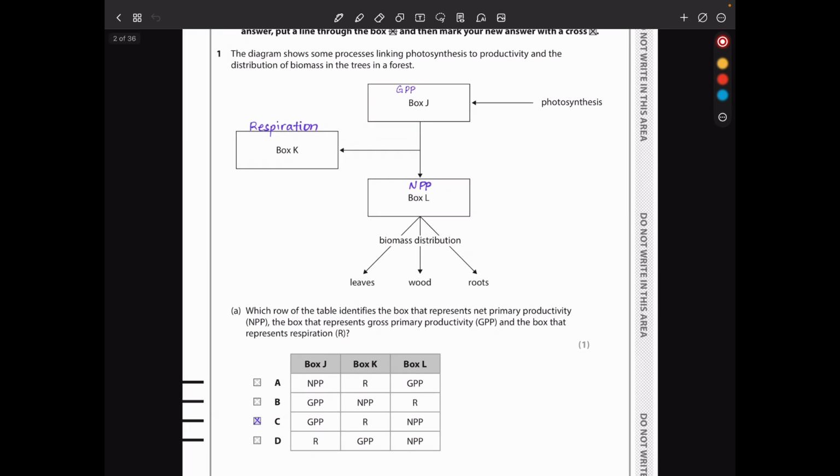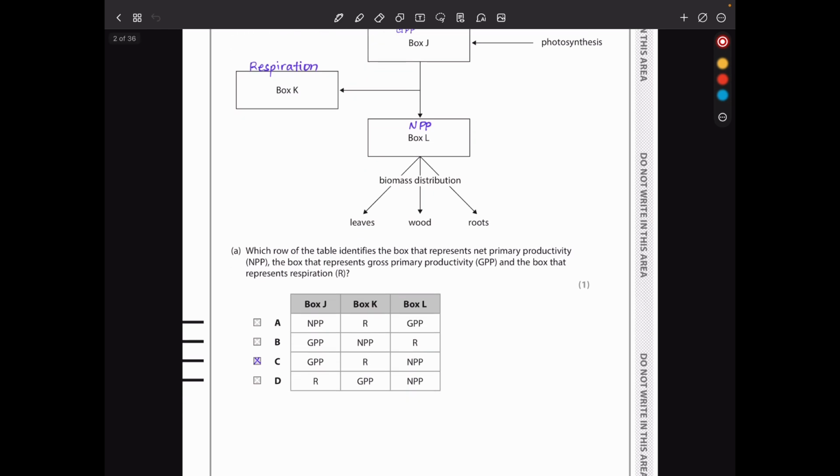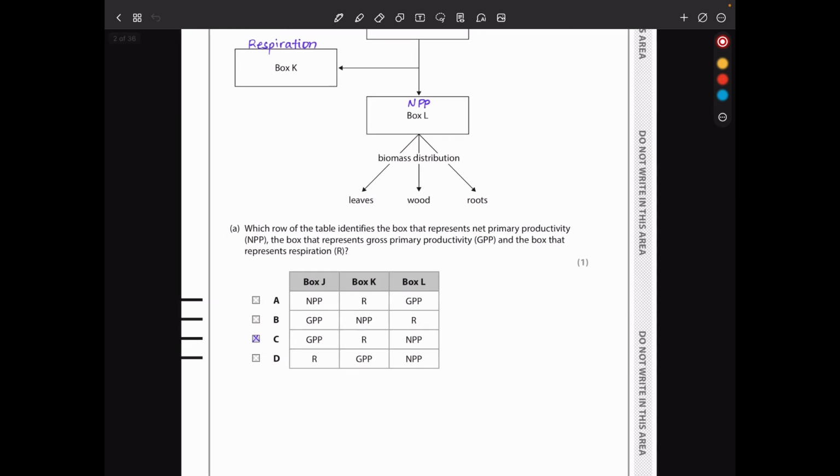They ask which row of the table identifies the box that represents net primary productivity, NPP, the box that represents gross primary productivity, GPP, and the box that represents respiration, R. So from photosynthesis, we will create the GPP, and then when respiration goes away as a loss, the remaining part is going to be NPP. If we look at the possible answers, it's only C that matches. Box J is GPP, then we see R, and then the last one is NPP.